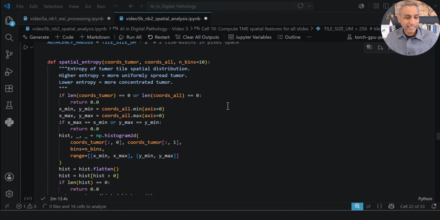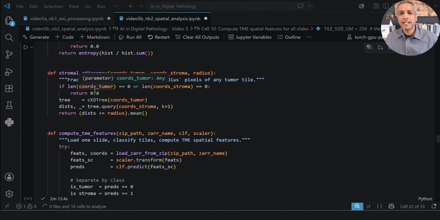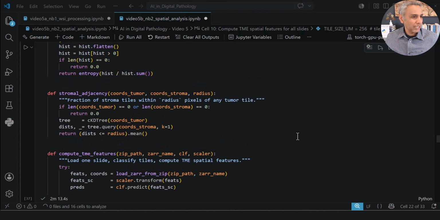Also, the stromal adjacency builds a KD tree from tumor tile coordinates and queries distances from stroma tile coordinates, with a radius of 512 pixels applied to coordinates that have a stride of about 2013 pixels, as we saw. With a radius of 512, obviously it's going to find 0 neighbors for virtually every stroma tile. So that's expected.